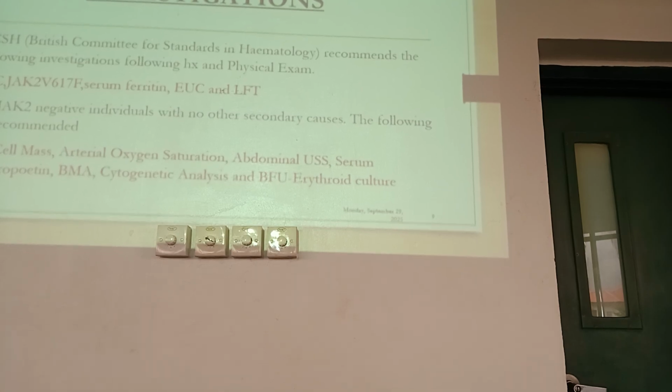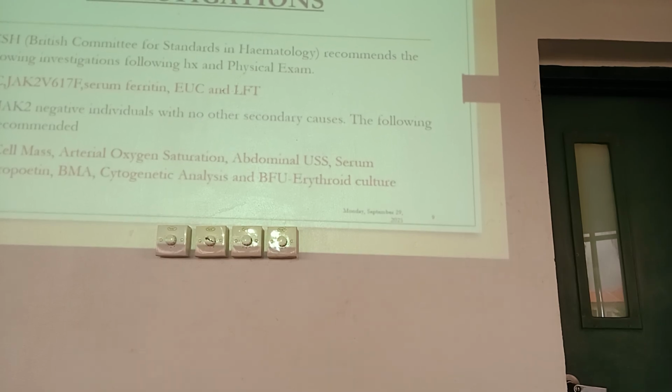50 years and above. So the British Committee for Standard Hematology recommends the following investigation. Full blood count, at least you need a full blood count. It's okay, the PCV is high. Okay, you need JAK2, you need serum ferritin, then EUCR to rule out any renal secondary causes, and LFT to rule out liver cirrhosis, liver cancer.